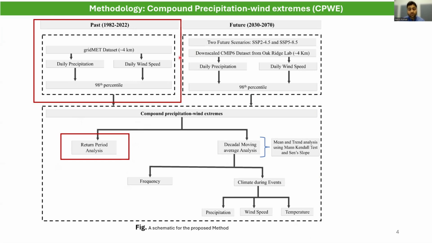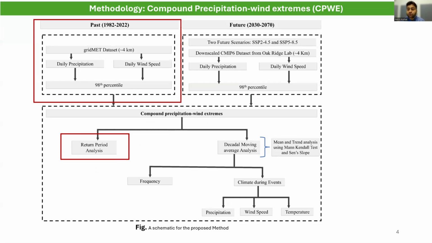For the past, we compiled gridded meteorological data and obtained extreme events through the 98th percentile of daily precipitation and daily wind speed. After getting the compound precipitation wind extremes, we calculated the return period analysis for the whole of the Bay Area.